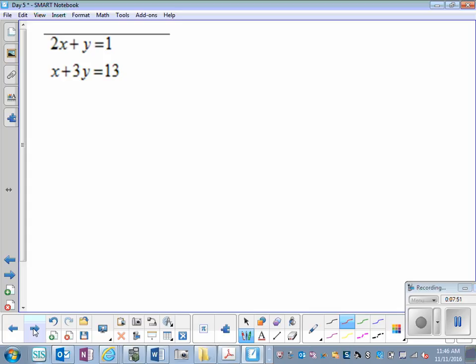The first one is a line, the second one is a line, right? So when I have 2 lines, how many solutions can I have? 1. Either 1 when they cross, none if they're parallel, or an infinite number when they overlap, right? So never 2 solutions. Either 0 solutions, no solutions, 1, or infinite.